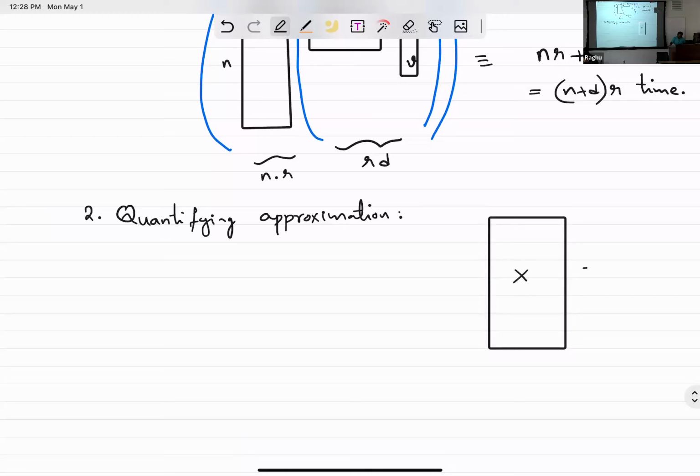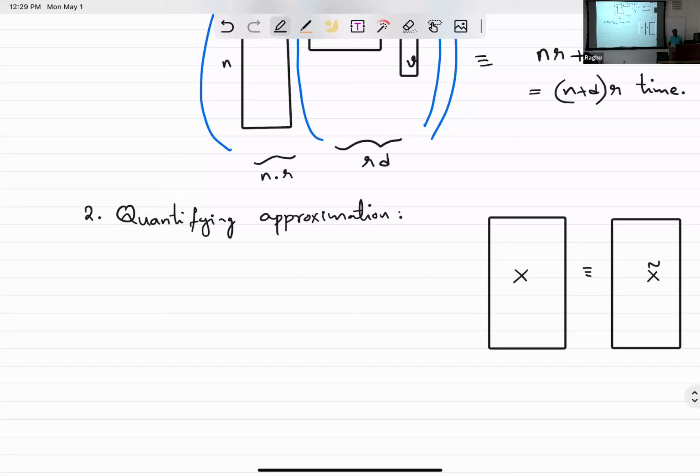So you have the matrix X, and you're trying to approximate it with a low rank matrix or some other notion of simplicity, a simpler matrix X, let's say X tilde.